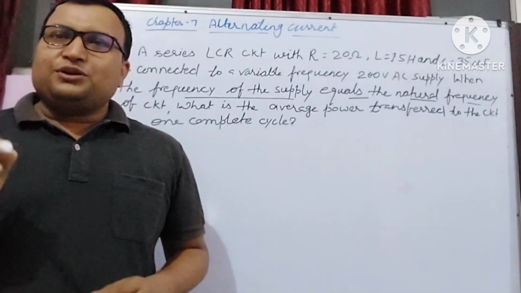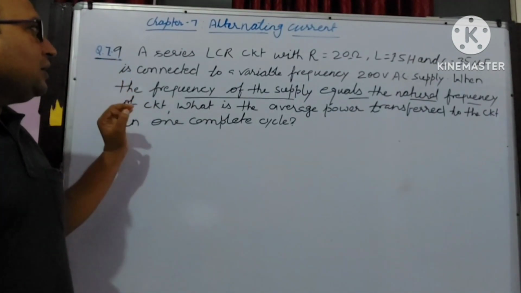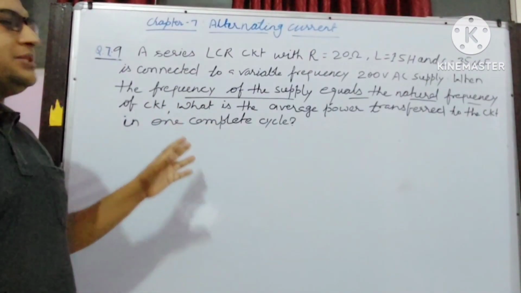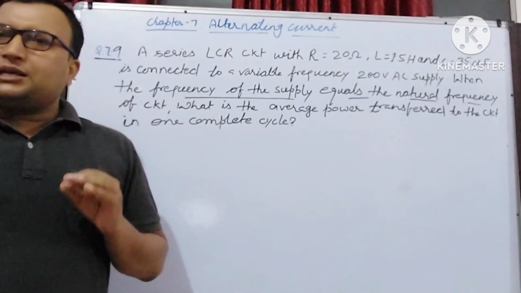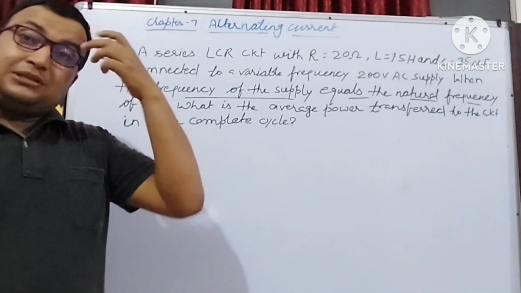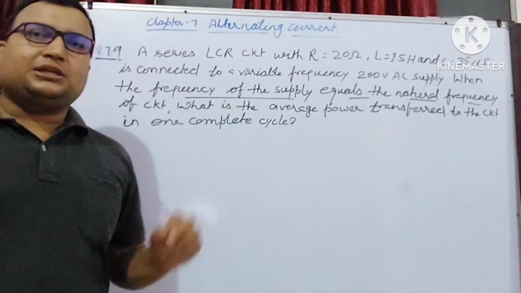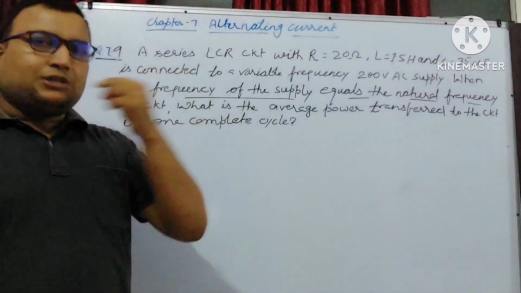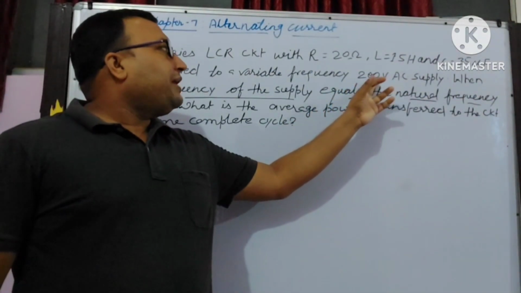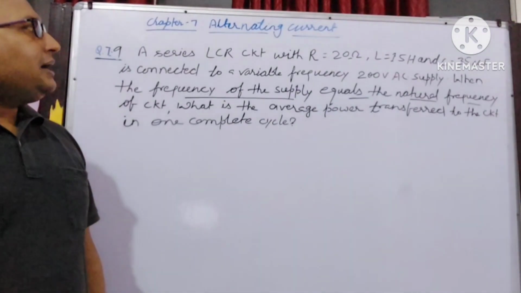Friends, now we are going to solve another question, question number 7.9. This question is very easy to solve. The question is saying that one LCR circuit is connected in series. LCR means inductance, resistance and capacitor, all three connected in series. Some values are given, and this particular circuit is getting a variable supply of 200 volt.